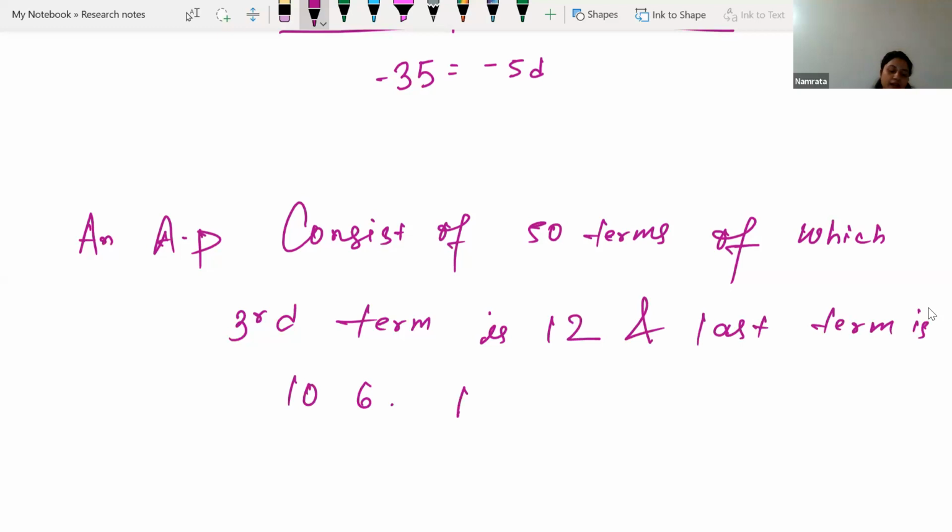Find the 29th term. We have to find the 29th term where this information is given over here.